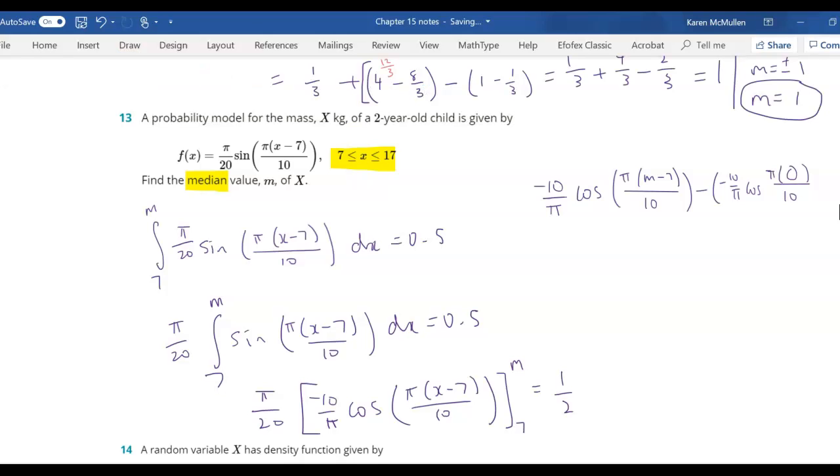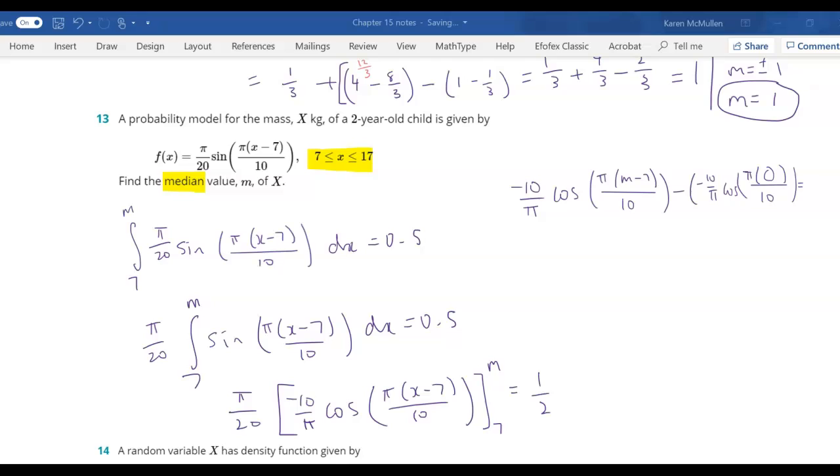Pi. Let me just make sure I've got everything in there correctly. Equals a half times 20 on pi. I'm bringing that pi on 20 across by multiplying by its reciprocal, which is 20 on pi.